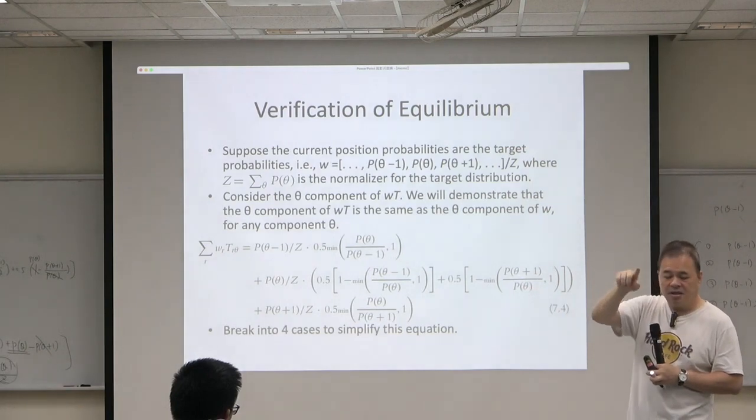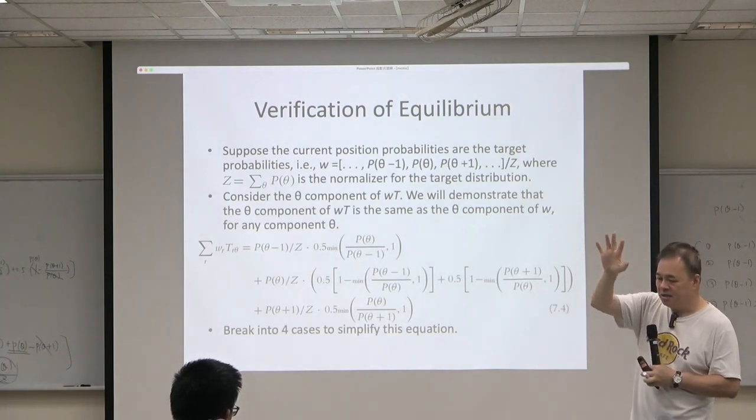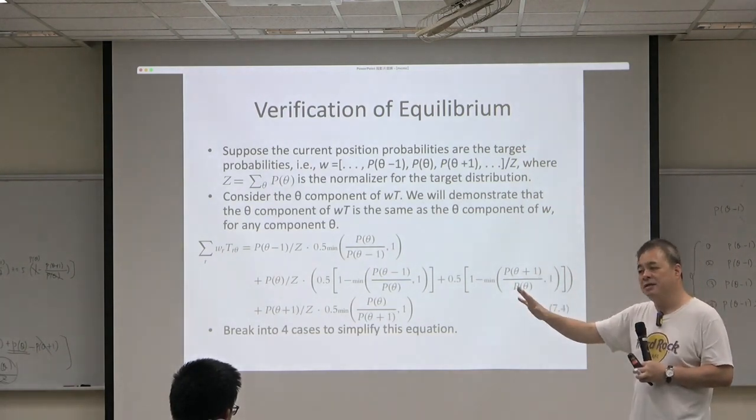Let me repeat: v times this matrix is going to be v again.